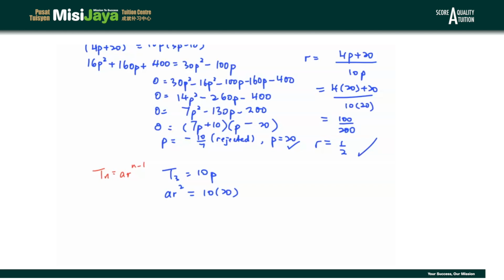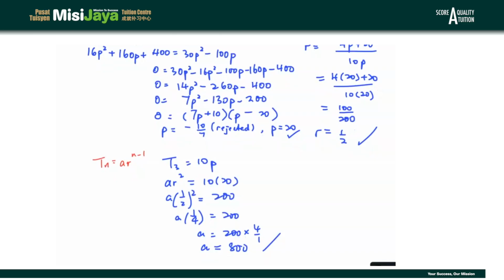So I can substitute inside here: a times 1 over 2 squared equals 200. So a times 1 over 4 equals 200. Our a, shifting over, becomes 200 times 4 over 1, which is 800. So the longest part is 800. Why would I say that a is the longest part?